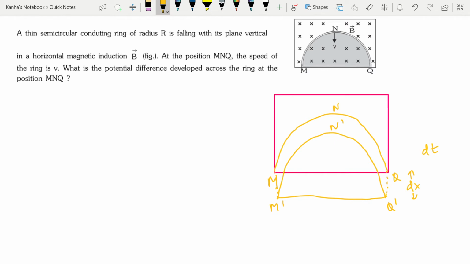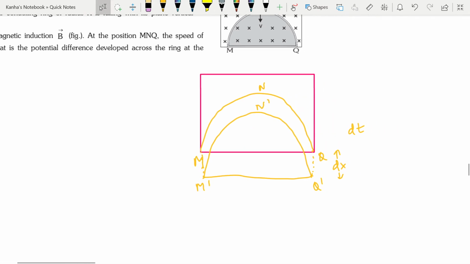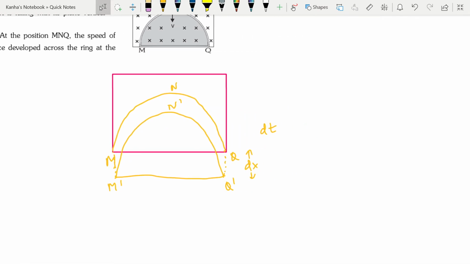First of all, we can easily find the change in the area of this ring which was inside the magnetic field. So change in area is nothing but whatever is right here. You need to subtract this from the original area.